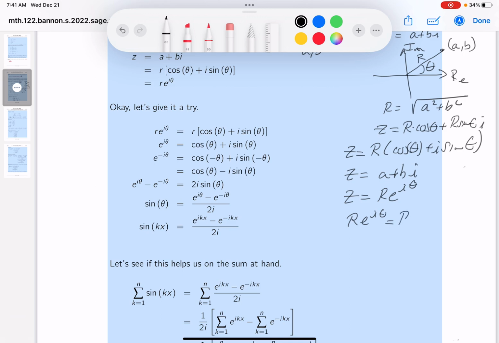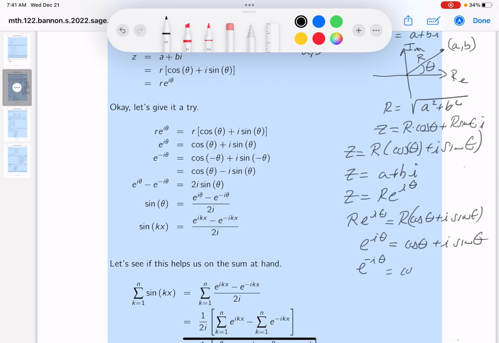is r cosine theta plus i sine theta. Divide both sides by r, provided r is not 0, that's fine. And you would get cosine theta plus i sine theta. All right, pretty interesting concept over there. And next thing I'm going to do is write down e to the minus i theta.